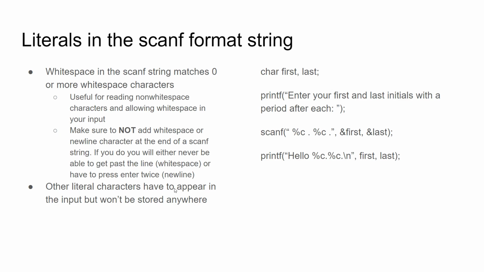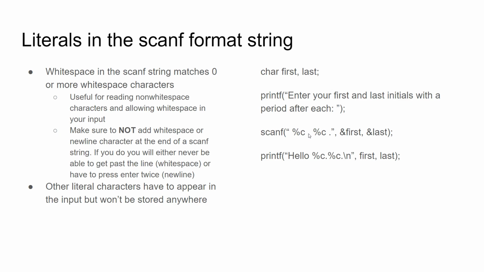Other literal characters can appear in the input, but they don't get stored. They have to appear in the position that you specify. So over here, we ask the user to enter their initials with periods in between each letter. So I read a non-white space character. Notice there's a space here. If I didn't put a space here, I could actually read in white space as their first initial.